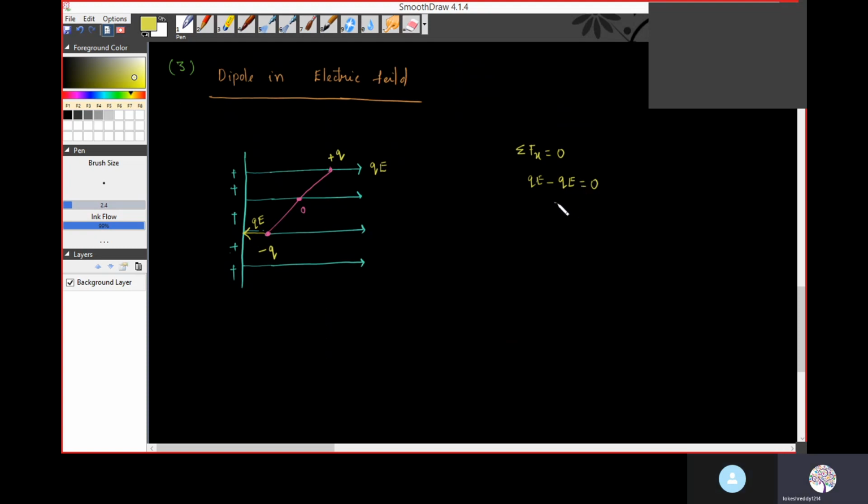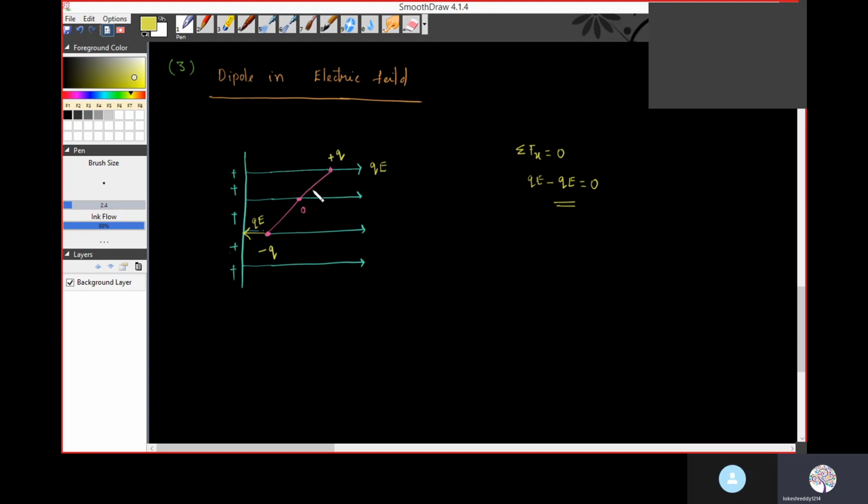So the net force is equal to 0. Once we are done with the net force, we will discuss the rotation. Here it will have torque acting on it, because this is acting in this direction and this in the other, so it will produce a rotating effect.